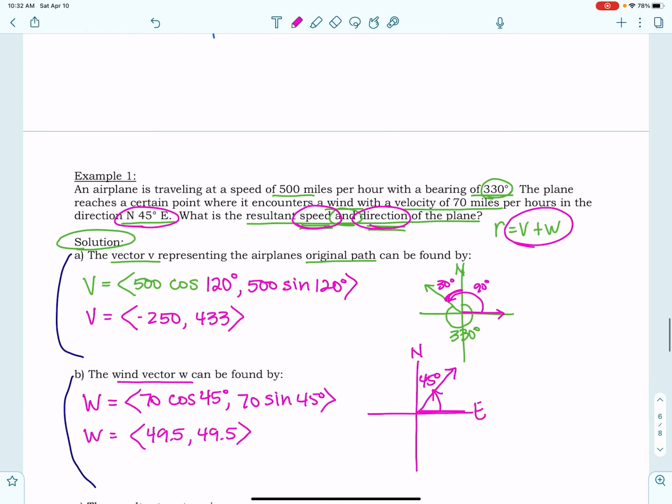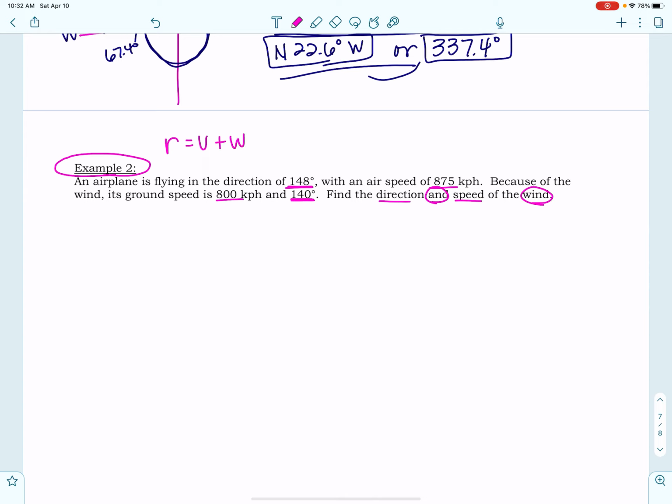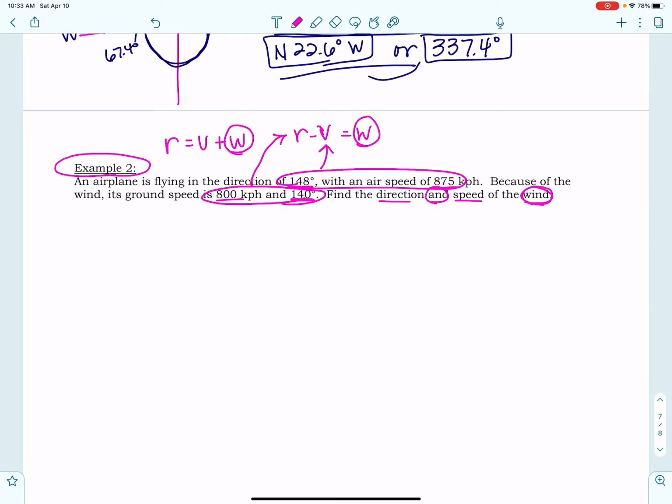So we are using that relationship to find the wind, so the force. That means I'm going to subtract V from both sides. This is my original course right here, and this is my resultant course right here. So you have to keep everything straight, and then I'm finding the direction and speed of the wind.